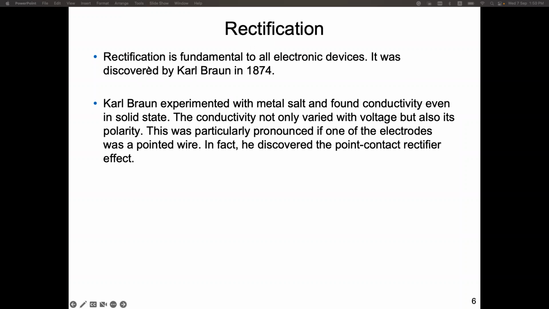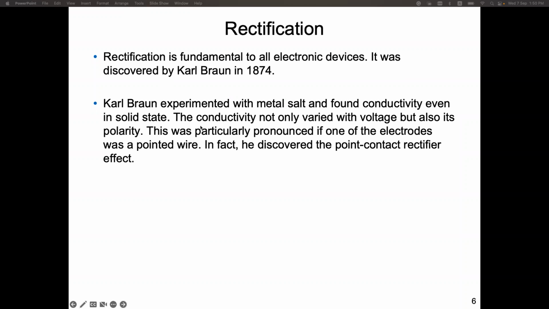And rectification is a fundamental function we need in electronic devices. This device was discovered by Karl Braun in 1874, many years ago, before the formation of atom theory, electrons, protons, things like that.